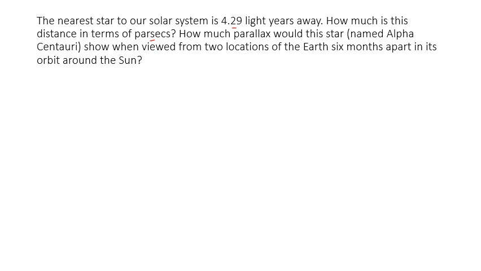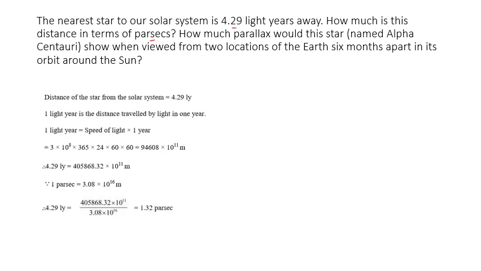Read the question carefully, students. They have given the distance in terms of light years, but they are asking us to find the distance in terms of parsec. We know the relationship. So what is the actual distance? 4.29 light years. 1 light year, as I told you in the previous video, is equal to 9.5 times 10 to the power 15 meters.